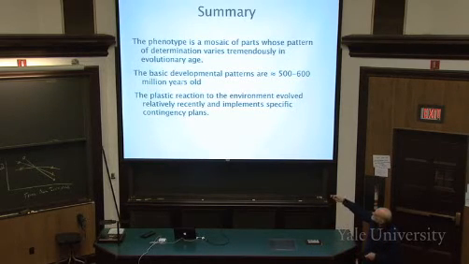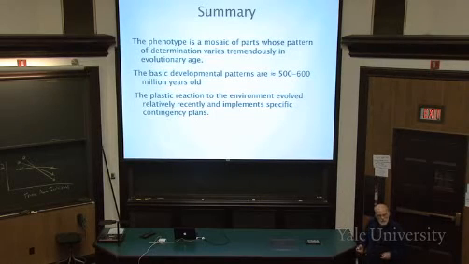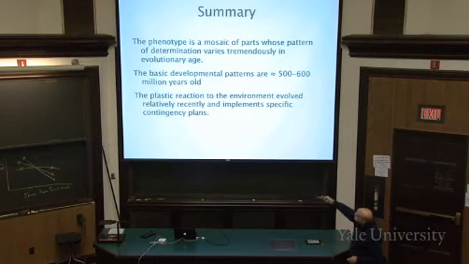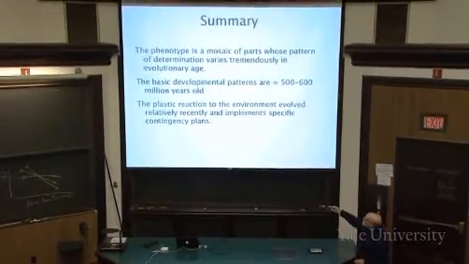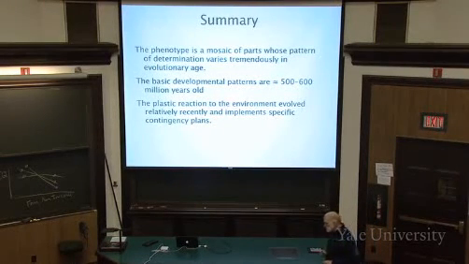Now let's shift time scale and go down to one generation, one organism encountering a specific environment. Its plastic reaction to the environment has evolved relatively recently, and it implements specific contingency plans.